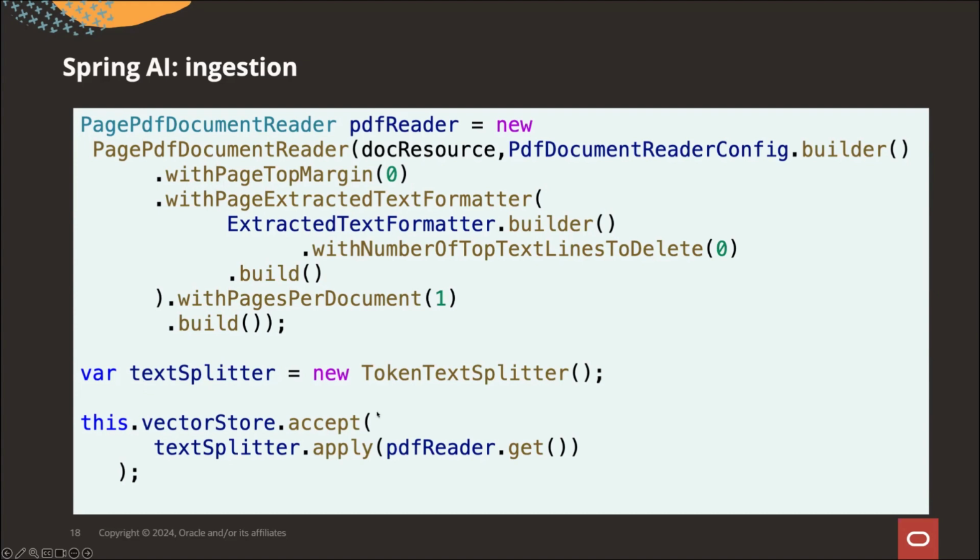Through the text splitter that you provide through the PDF reader, the vector store accepts the document already chunked and embedded by the add function that we have shown before.